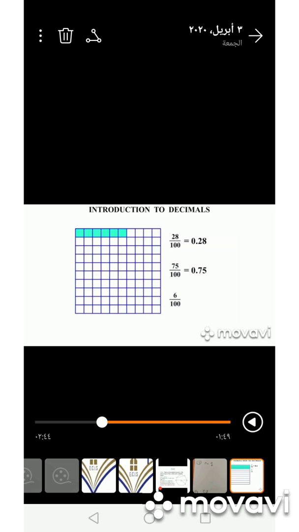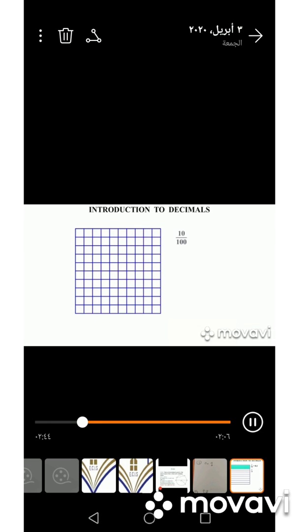Write it as a fraction, 6/100. It equals what in decimal? 0.06. Pay attention, not 0.6. Why? Because in hundredths, we should put the decimal point after 2 digits. So put 6, then 0, then put the decimal point in order to be after 2 digits.